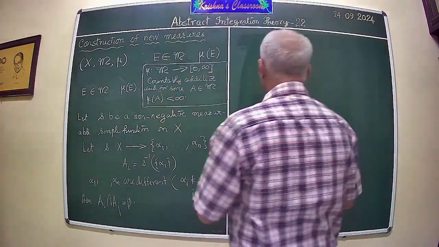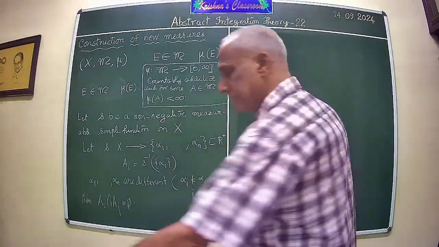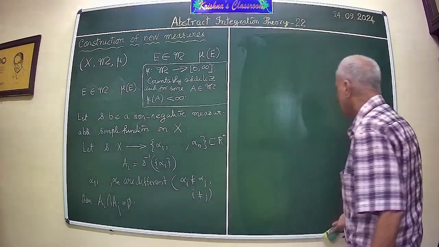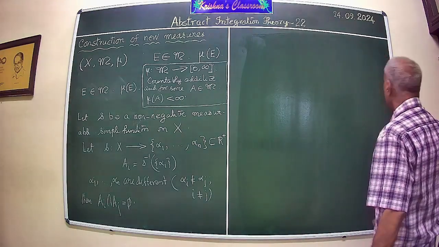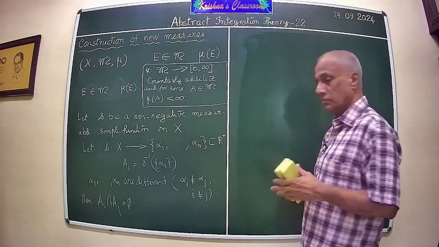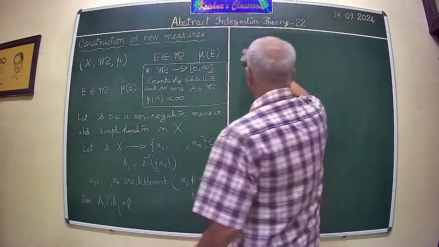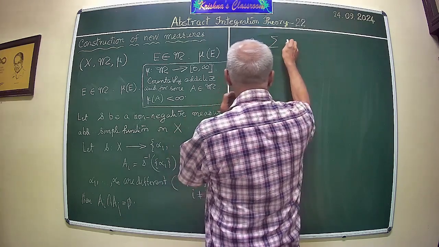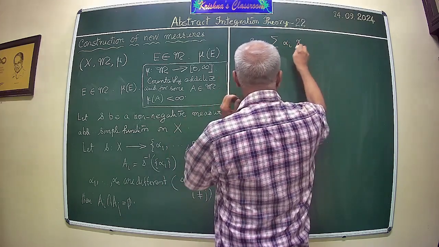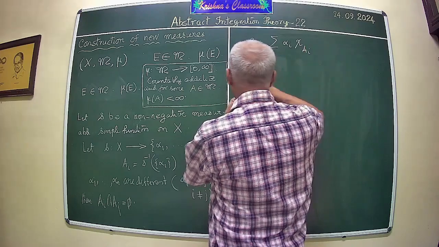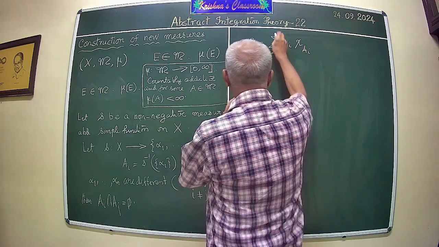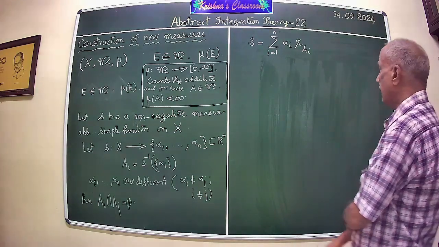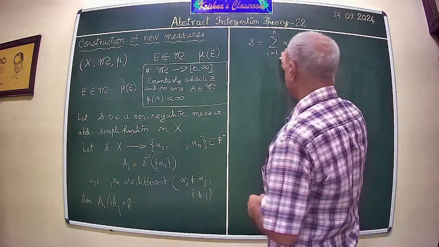Now you see that chi A i takes the value 1, therefore on A i, S takes the value alpha i.